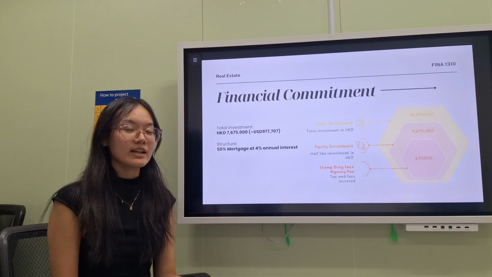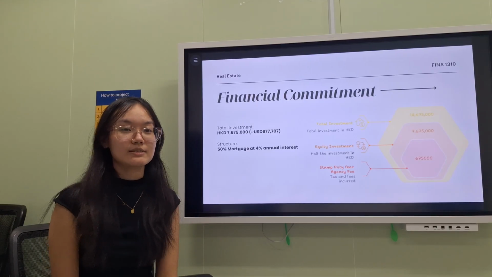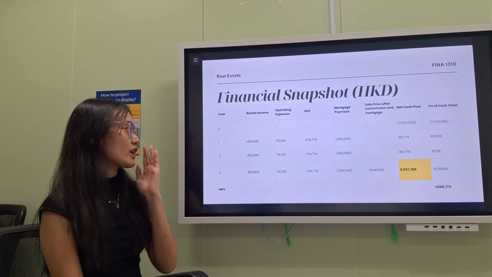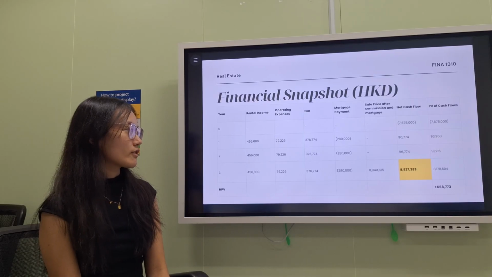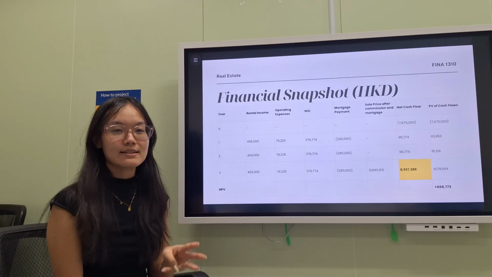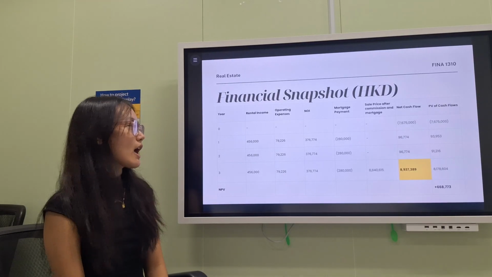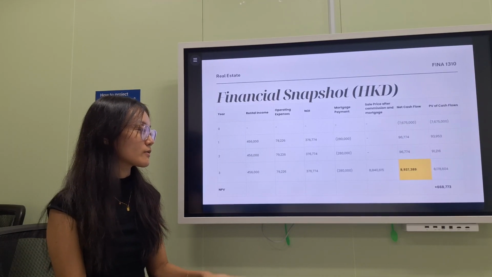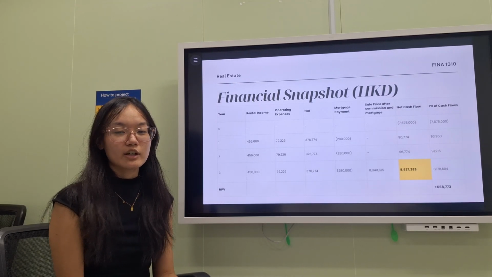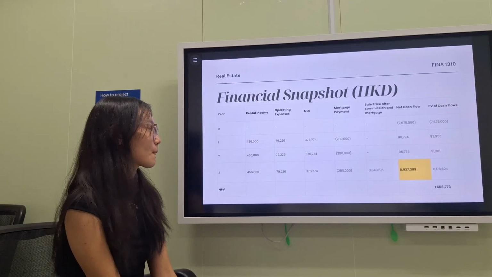So we're going to get a 50% mortgage from the bank with an annual interest rate of 4%. As for our financial snapshot, we've already included costs for management fees, insurance, taxes, and a modest but realistic annual property appreciation of 4%. And in total, we're going to be getting around $4,937,000, and we're going to get a net profit of around $1.26 million.